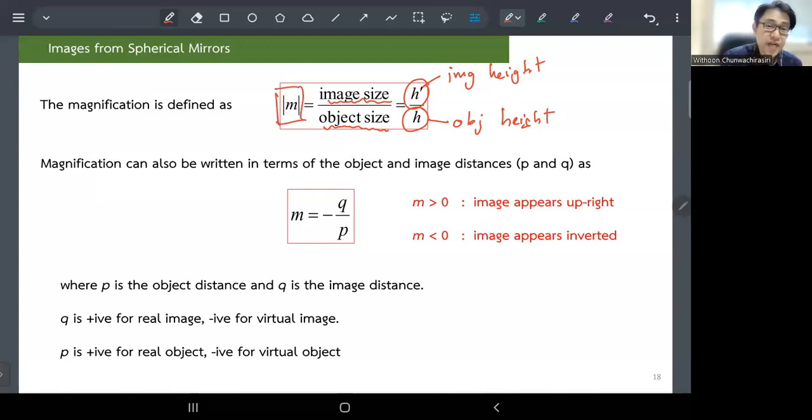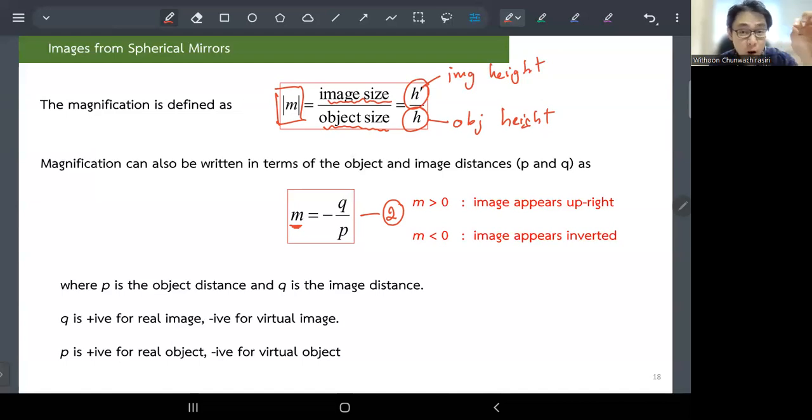If you lift that absolute sign out, and I just want to calculate the pure value of M with the sign attached, the equation will look like this one, which I'm going to call equation number 2. This is the magnification equation. You just attach the negative sign in the front and you take the ratio of the image distance divided by the object distance. You will get the M in magnitude and sign.